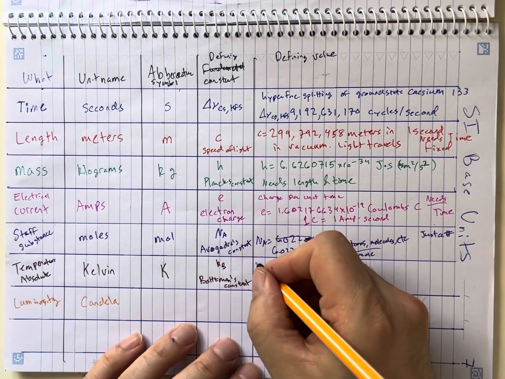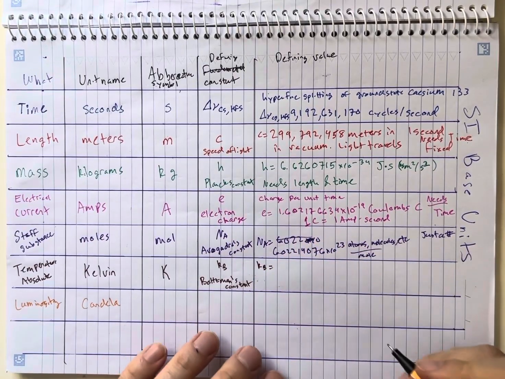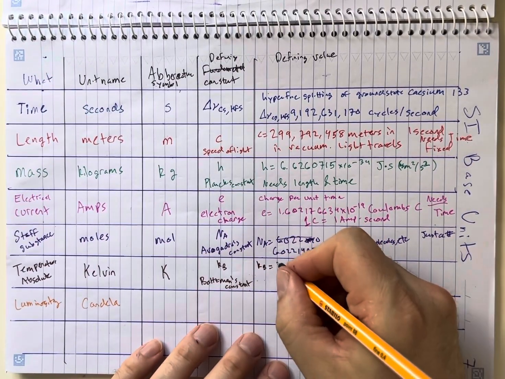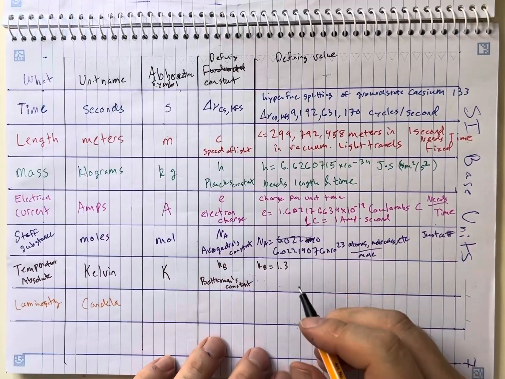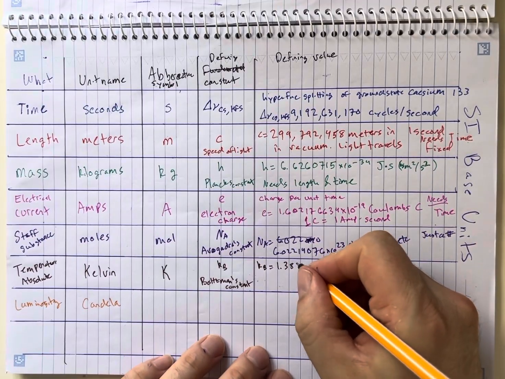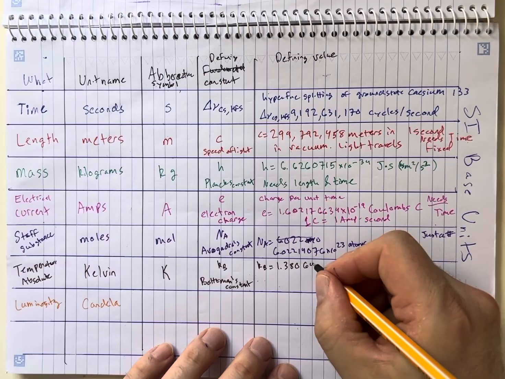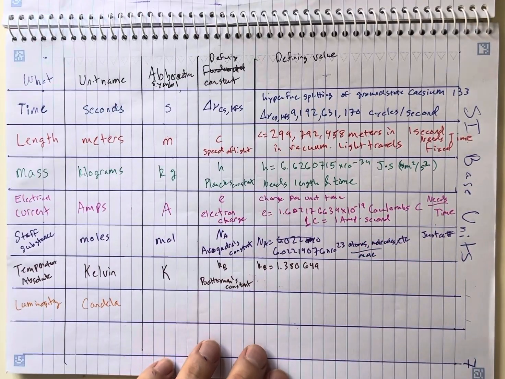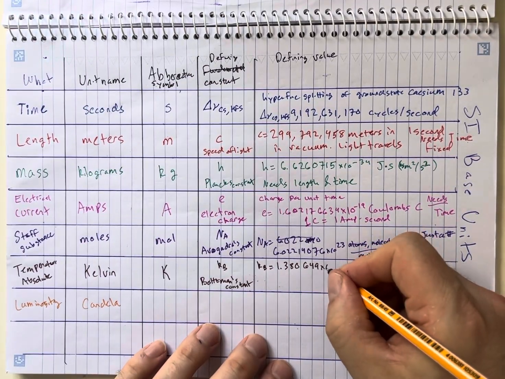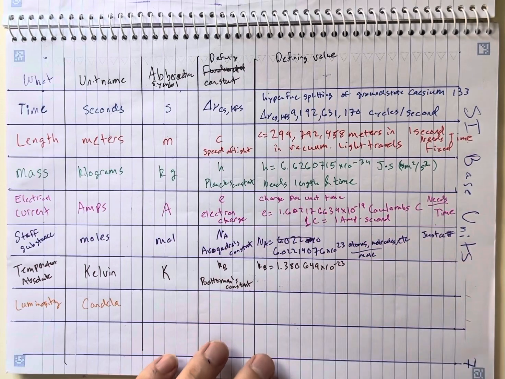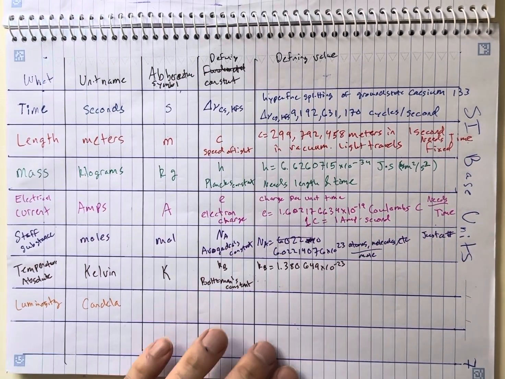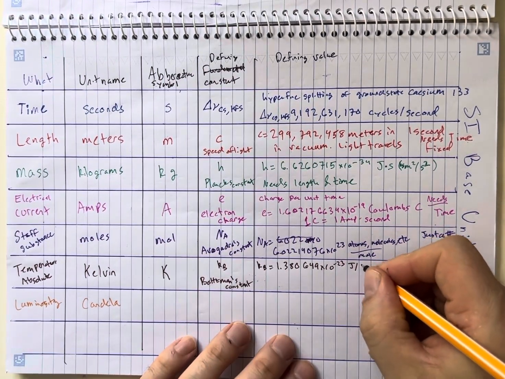Okay, so kB is equal to 1.380 649 times 10 to the negative 23 joules per Kelvin.